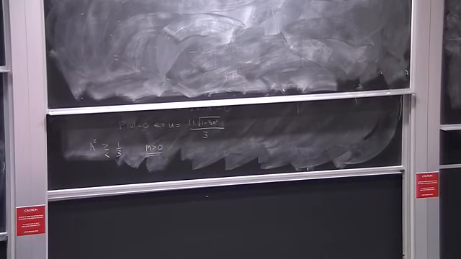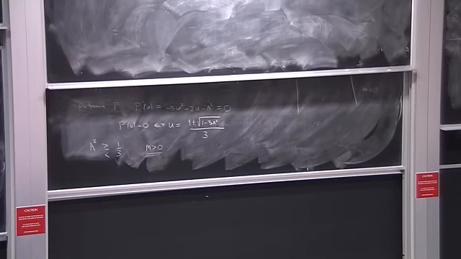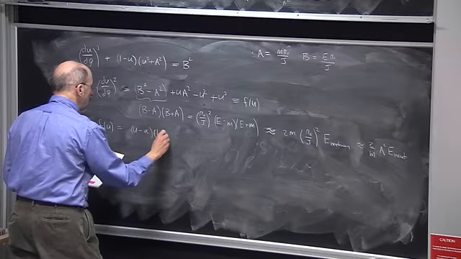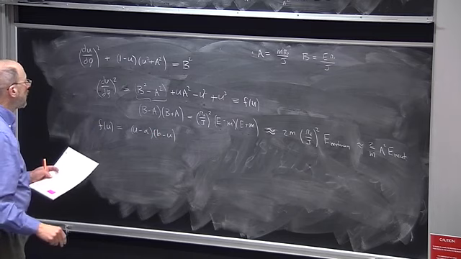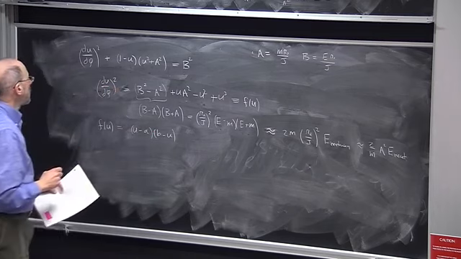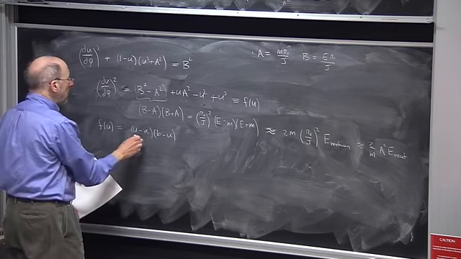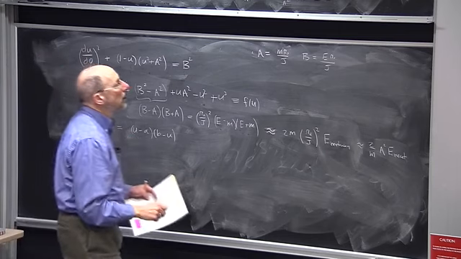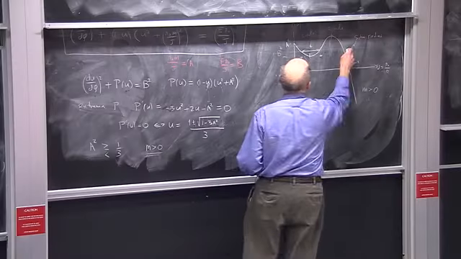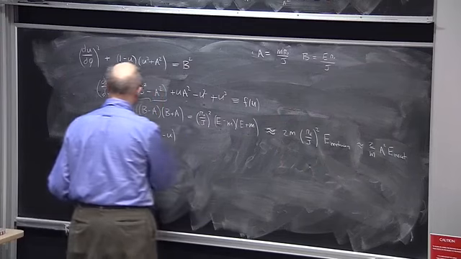If we call the roots A, B, and C, then we can write f of u is equal to u minus a times u minus b times, but it's convenient to, I mean, we want this to be a positive number when, because this is the velocity squared, pseudo velocity squared. We want it to be a positive number when u is between a and b. If I call the roots in order, a, b, and c, then we want it to be positive when it's between a and b.